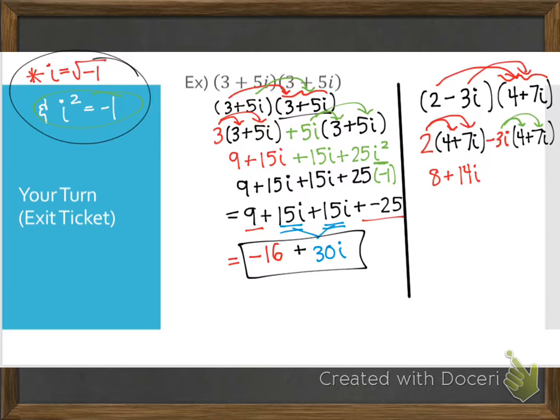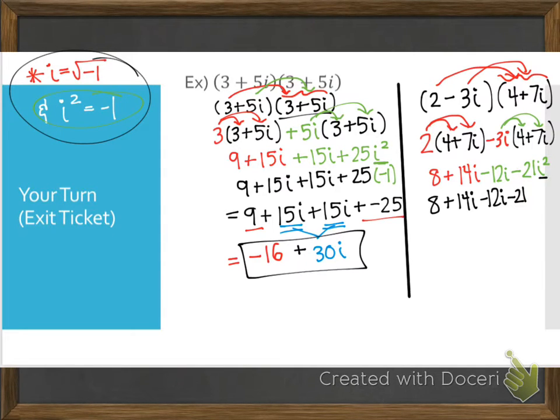So we've got -12i, and -3i times 7i is the same thing as -21i squared. Okay, so let's clean this up a bit. We get 8 plus 14i minus 12i minus 21i squared.